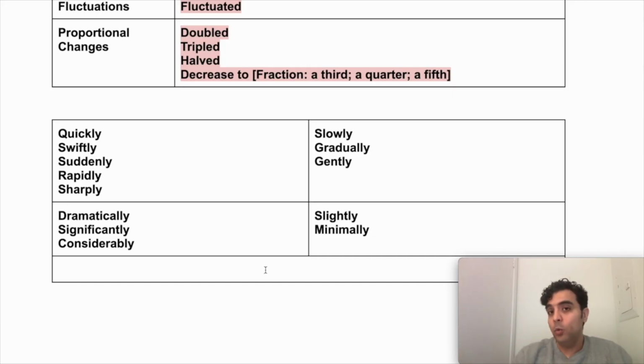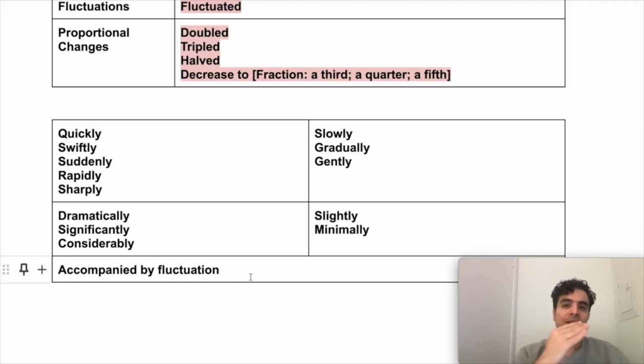So what kind of adverb could we use there? Well, you could use a modifier like accompanied by fluctuation. How do we use this? I'll show you. So you could say something like the number of students increased accompanied by fluctuation, right? So it means it wasn't a smooth and steady rise, but rather it was a bumpy one. So there were a lot of ups and downs associated, right?